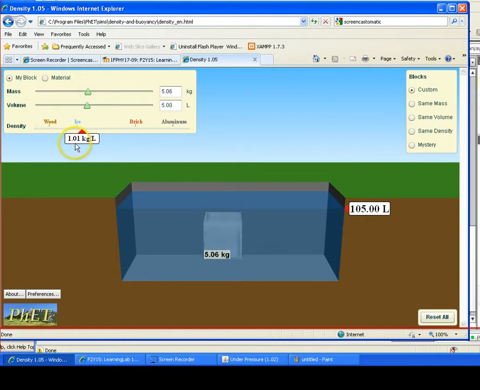The density goes a little bit above 1, and you can see that the block sinks. Do we agree with this? If I raise the density to anything above 1, the block sinks. And if the mass is such that it's just below 1, then you can see that the block floats.